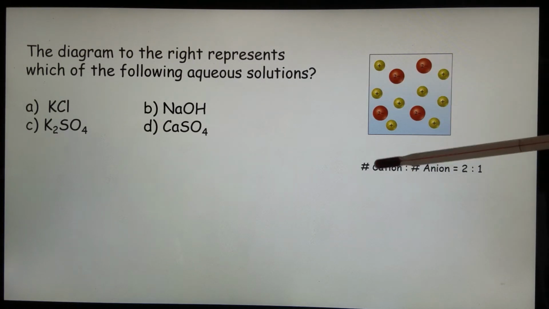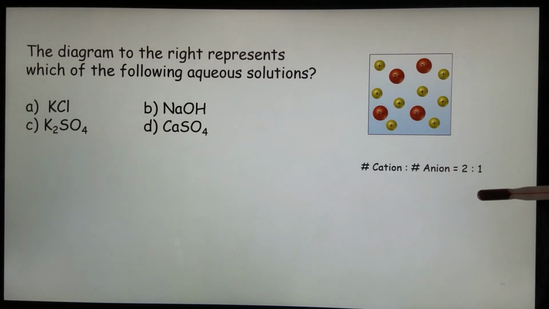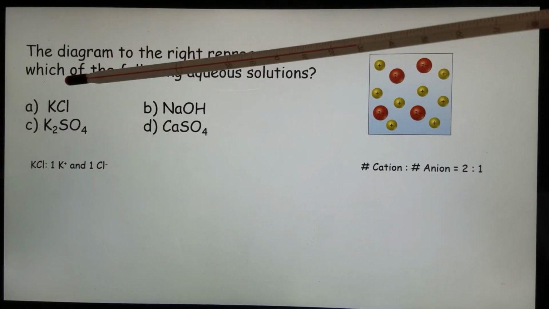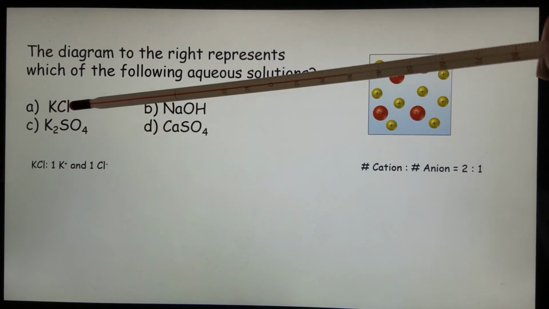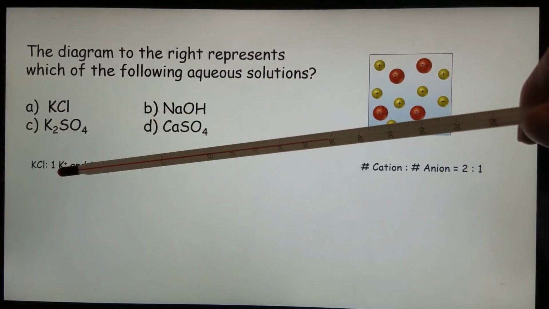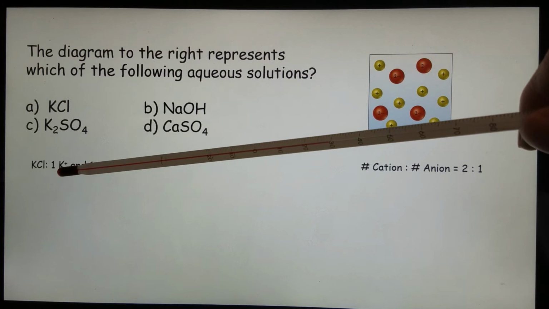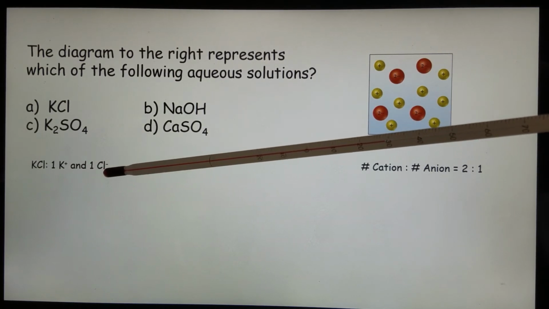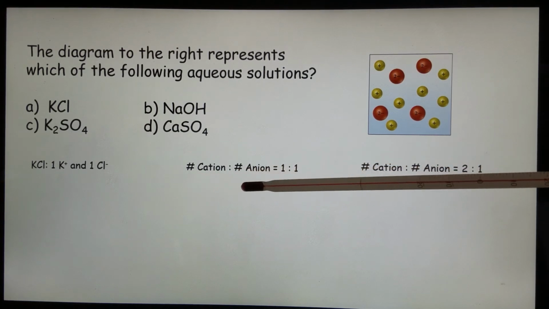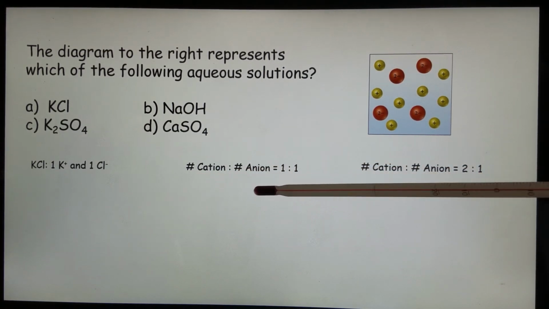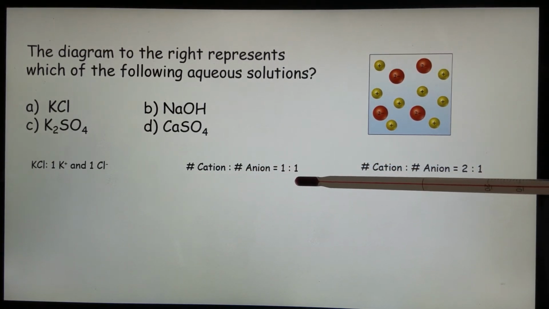Another one is just based on the number of the ions. Take a look at the first choice, potassium chloride. In the formula, we have 1 potassium cation and 1 chloride anion. So the ratio of cation to anion is 1 to 1.